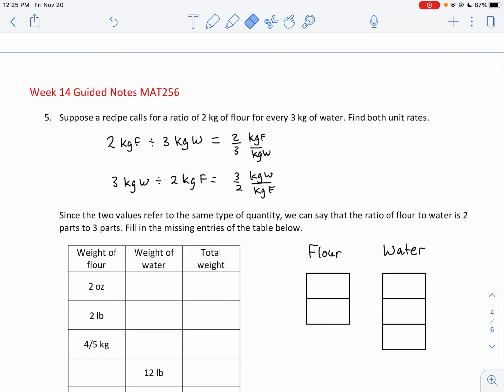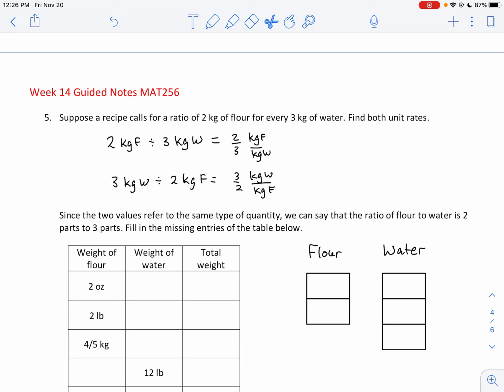I went backwards. Darn it. Notice this was 2 kilograms of flour to 3 kilograms of water. Oh no, sorry, I didn't mess up. This is still flour to water. Same order, flour to water, 2 to 3. Okay.